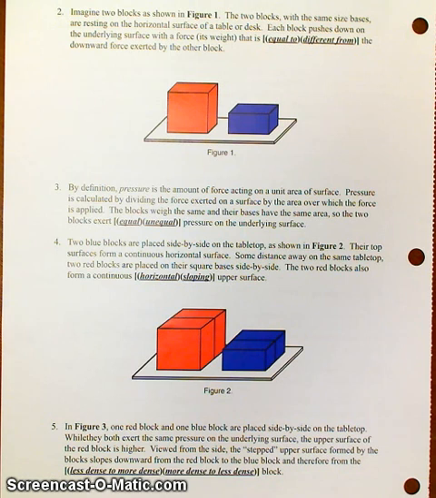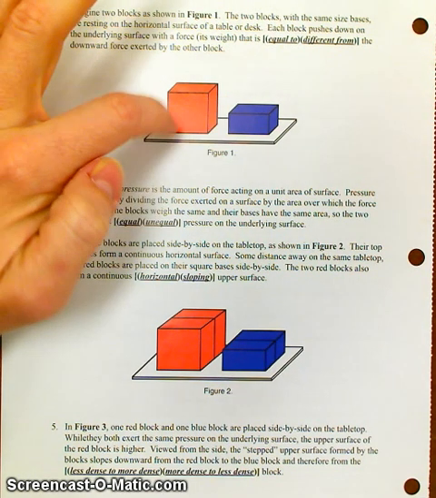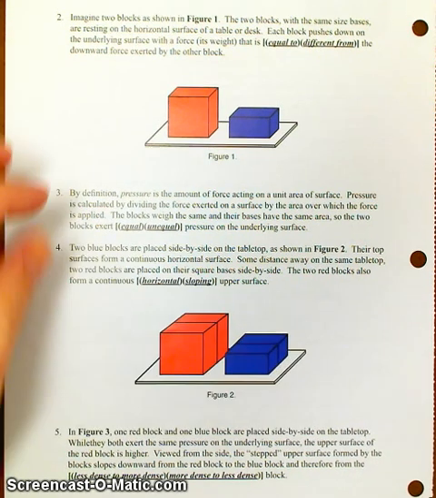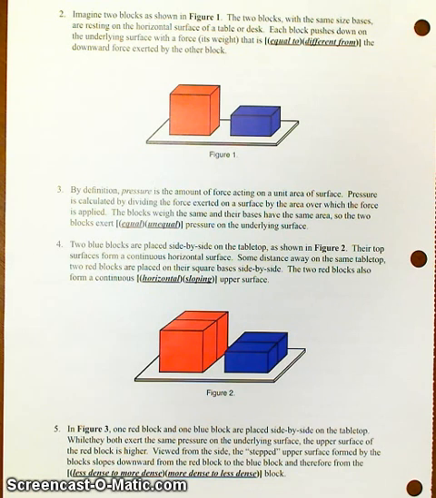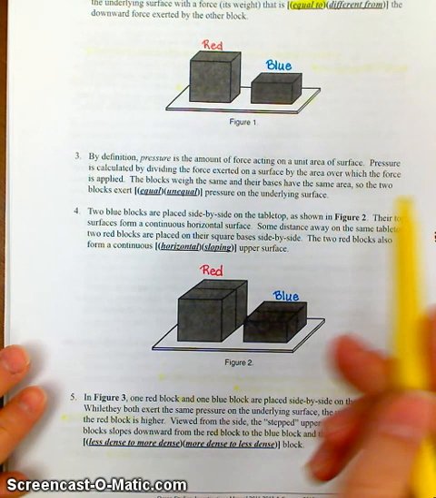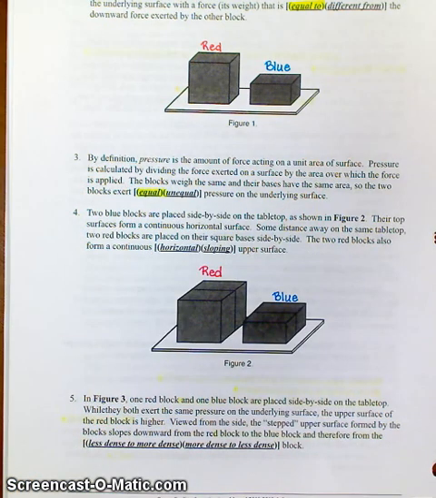Equal or unequal pressure? Well, if they both have the same weight and they both are pushing down on the same amount of area, then they both have the same pressure. So you're going to select equal pressure on the underlying surface.